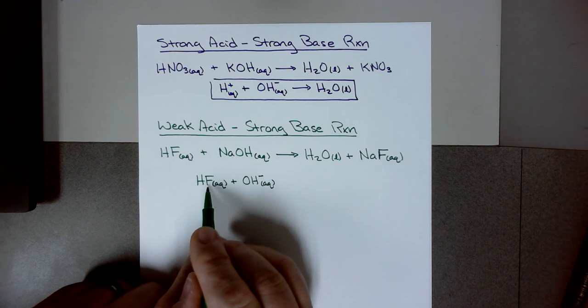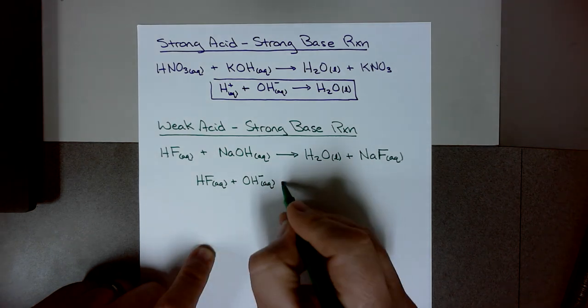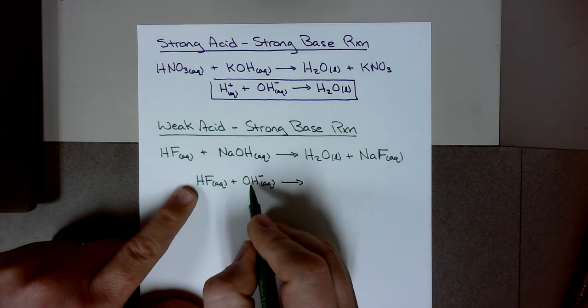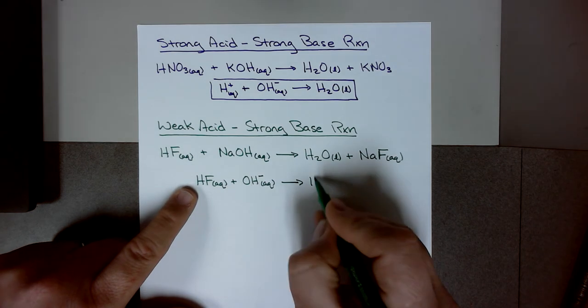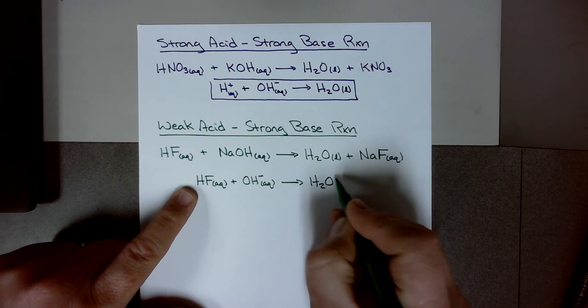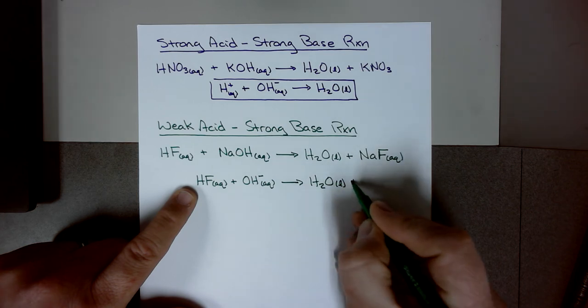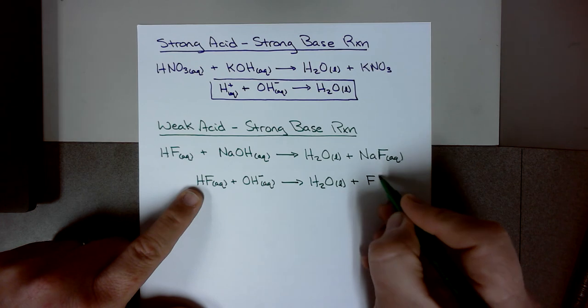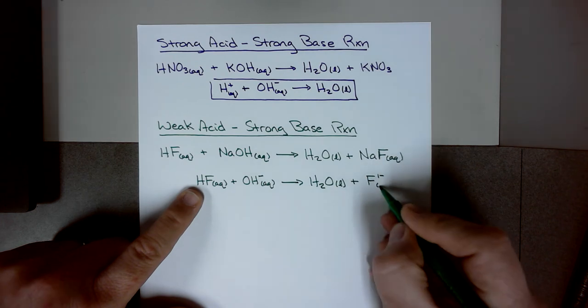So on this side we have that, and then on this side the H and the OH will react, so you get your water, HOH or H2O, but over here the fluoride is the anion that is part of the net ionic.